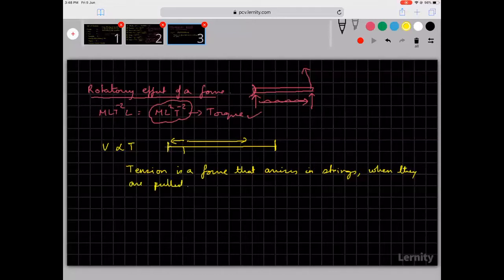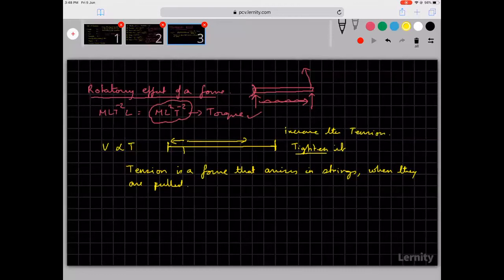So I have taken a string and tied it between 2 points and I tighten it. When I tighten it, what am I doing? I am trying to increase the tension. Tension is a type of force.